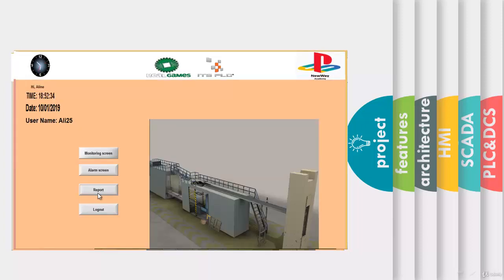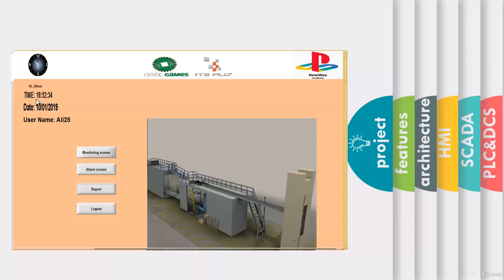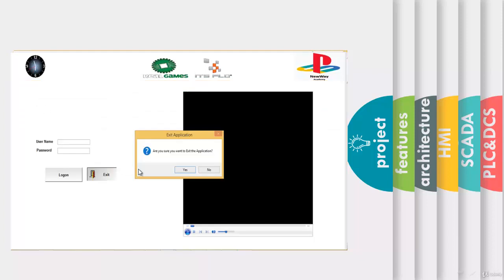And go back. If we go to the report, you can find the number of total processes, the number of operations of each component. You can save it as a report or open it or even print it. And at the end, you can exit the project from right here.